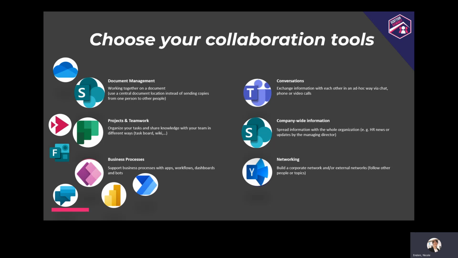I can decide that I want to share this document with a special group of people and maybe with some external users. I can do this, but I have the document in my preferred location and I don't get different versions back. So everybody has the same piece of information. So if you're thinking about SharePoint and OneDrive, maybe it's mainly for document management.